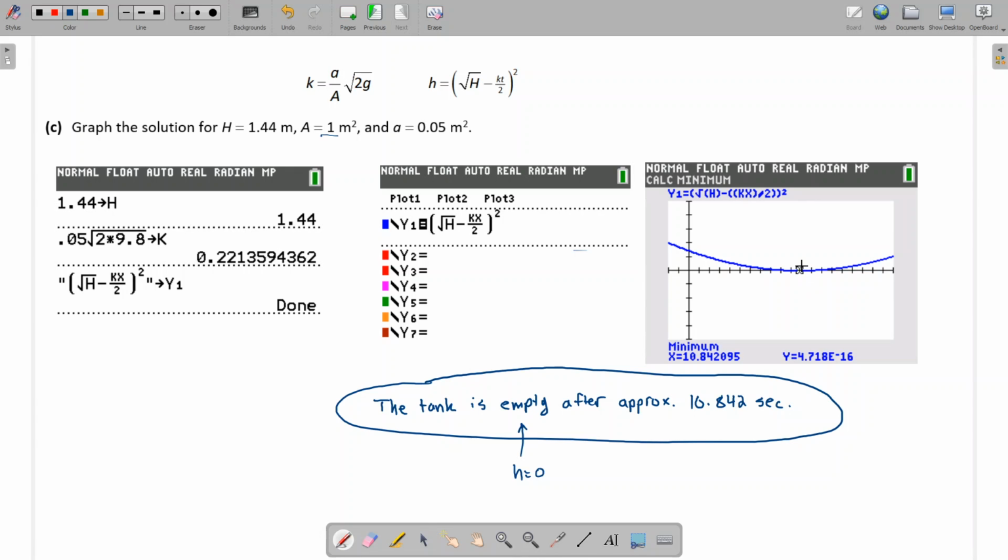So over here, that's what I did. It looks like I did the minimum, but I should have just done when it's 0. So you could do either one, find the 0 or find the minimum. And we can see that occurred at this x value. And remember, for this, x is t. So that means the tank will be empty after approximately 10.842 seconds.